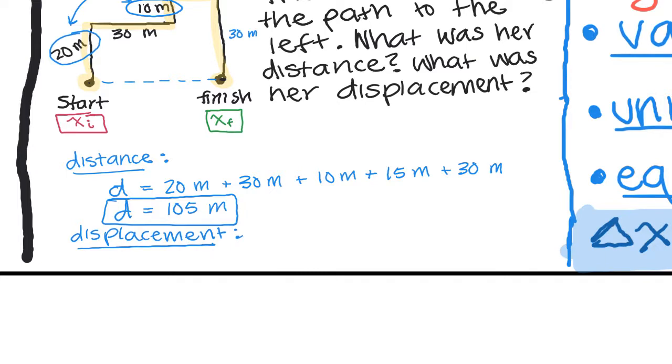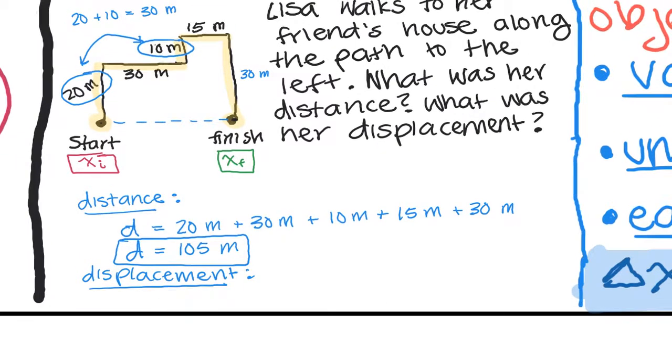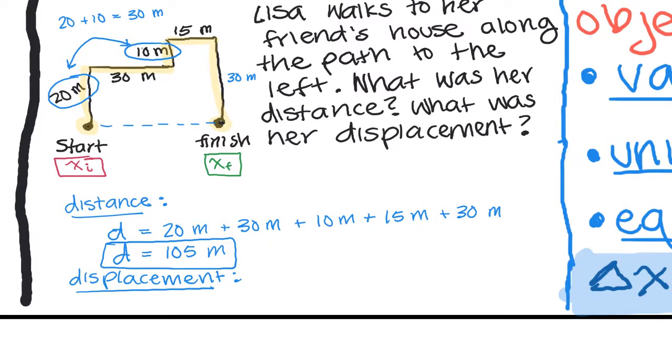Now remember, for her displacement, we are only concerned about the shortest path between her initial position, right here, and her final position. So we are only concerned about this path right here. Since these are on the same plane going up and down, the starting position and the finishing position are pretty even with each other.